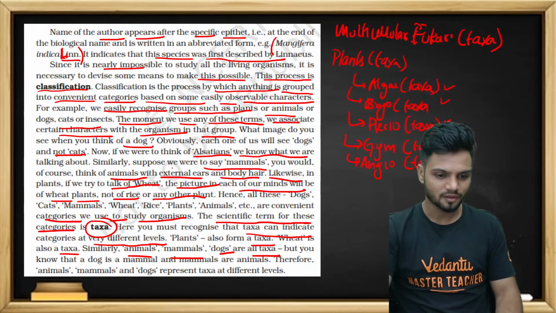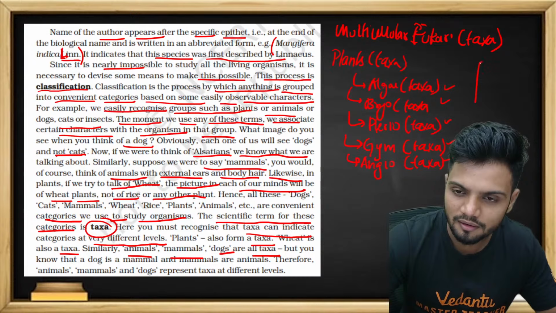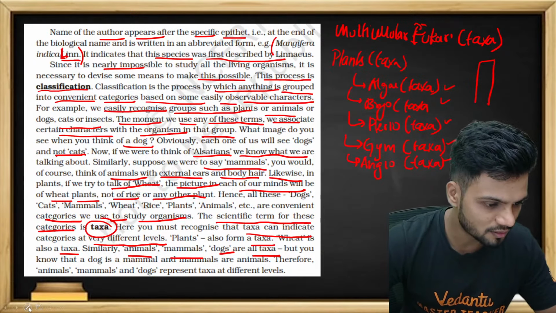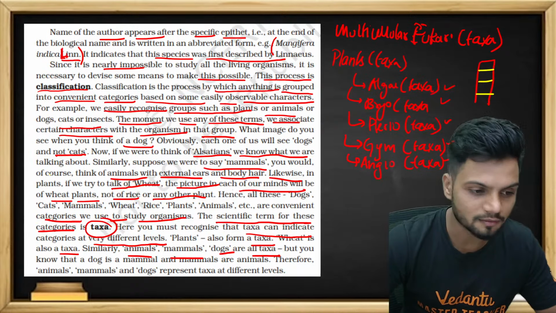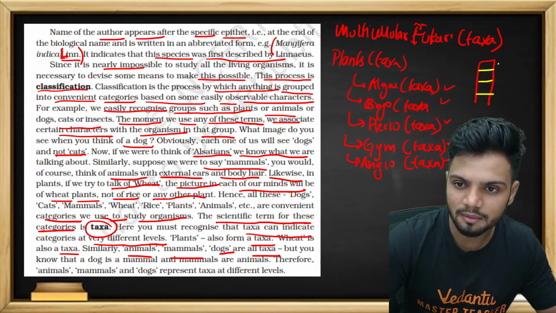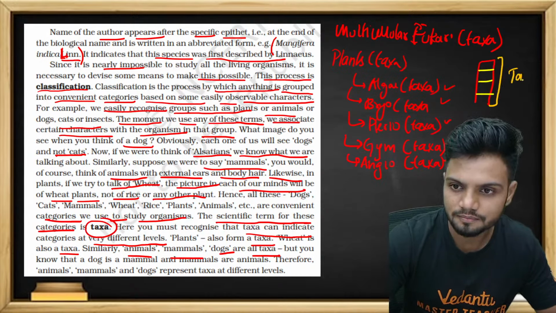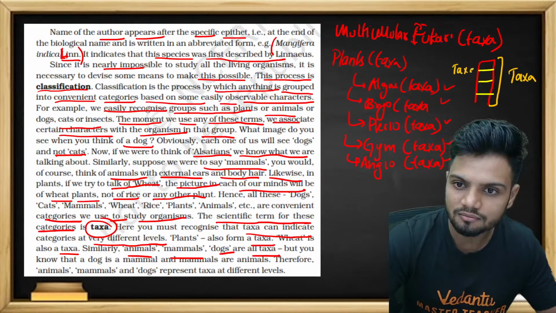Now, let me give one simple example. Here we have a building with multiple floors. This entire building can be called a taxa. Each individual floor can also be called a taxa.